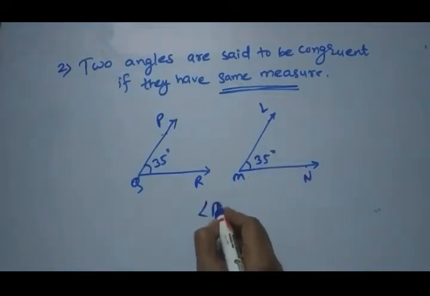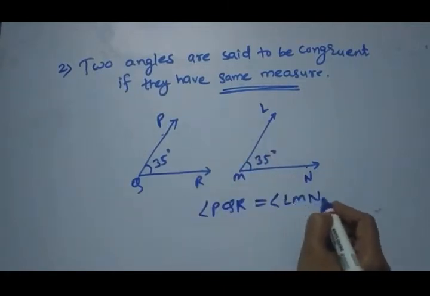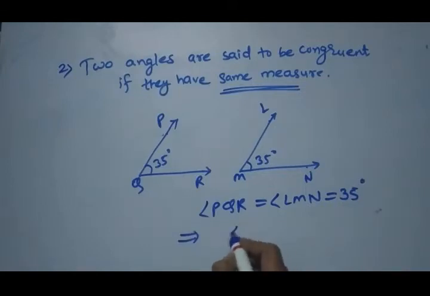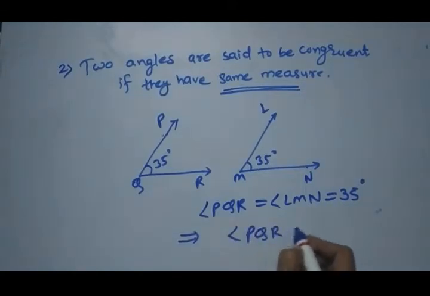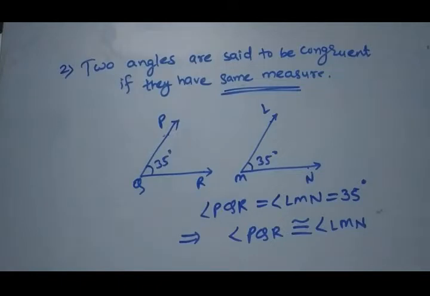So you can say angle PQR is equal to angle LMN, because both measure 35 degrees. Therefore, angle PQR is congruent to angle LMN. So two angles are congruent when their measures are equal.